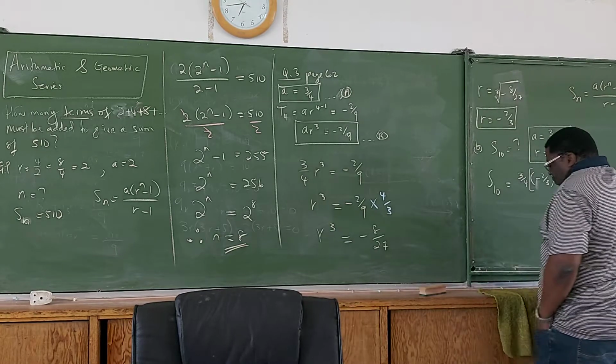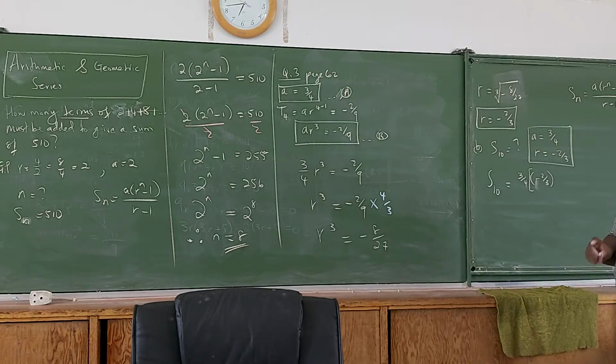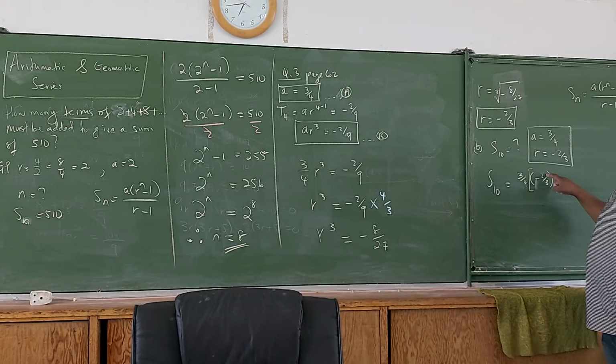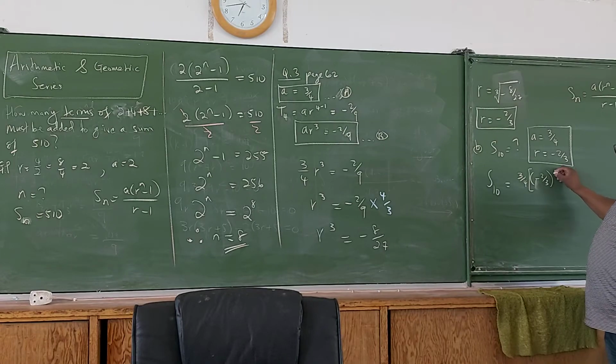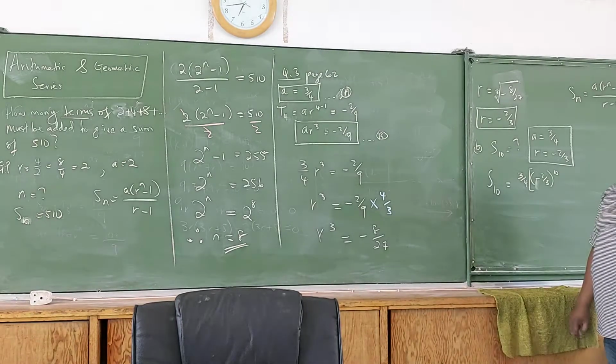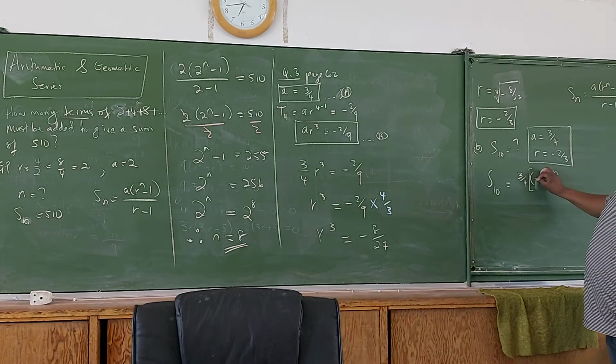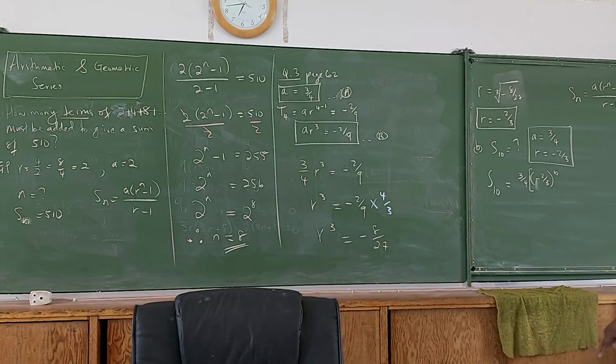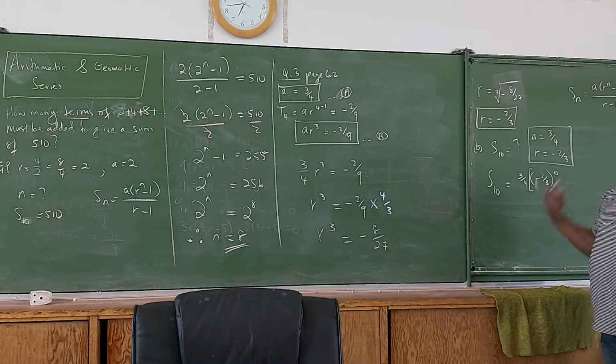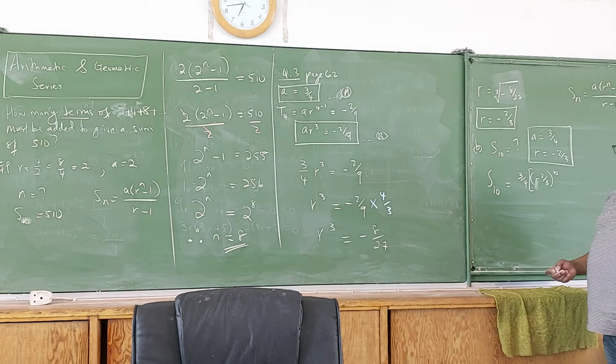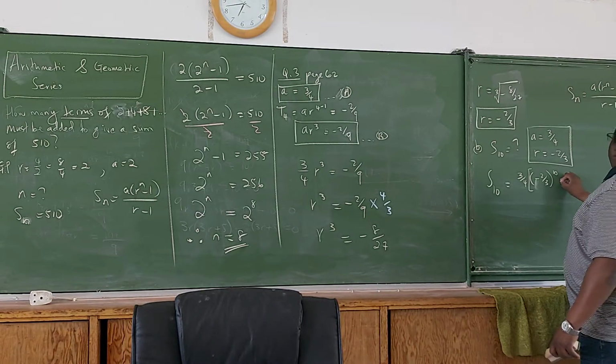Are you with me? Yes, sir. And here's the thing now. Please, don't put the 10 here. Put it outside. You follow what I'm saying? This one should be raised to that. If you put it here, you easily make a mistake. The answer will be wrong. It could be that it's only taking the negative 2 raised to the power of 10 and not the 3. So put it outside. Then obviously minus 1.